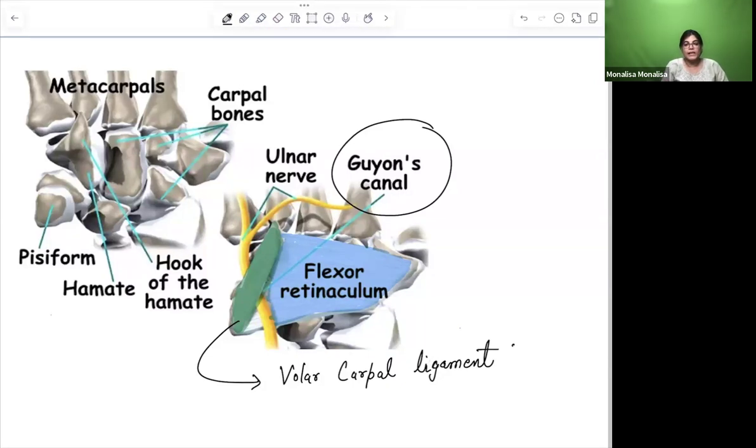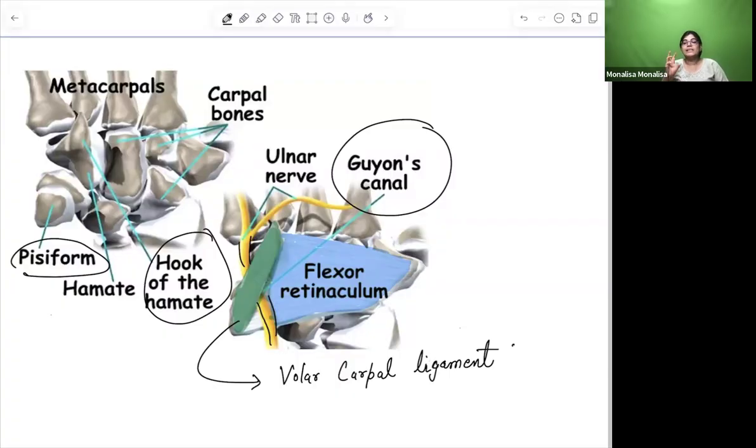The nerve passing beneath the volar carpal ligament is the ulnar nerve, and on the medial and lateral sides it is bounded by which bones? Hook of hamate and pisiform. Now you can understand what Guyon's canal is.